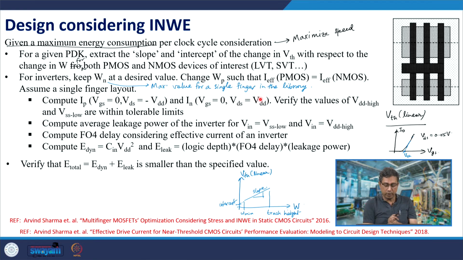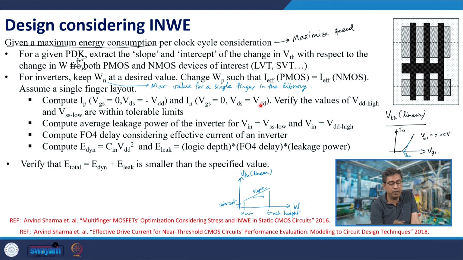Once you get these two, you can get the leakage power when the input of the inverter is 0, and also the leakage power when the input of the inverter is VDD. So, in both cases you get the leakage currents. One of the devices would have the leakage current flowing through it, which you get like this.